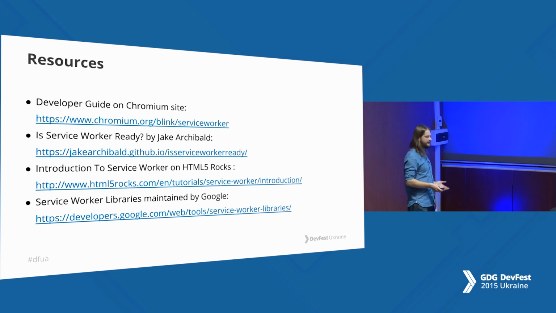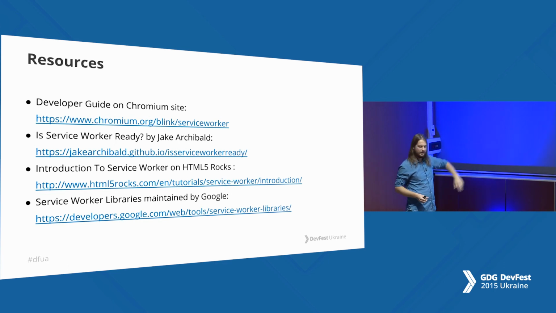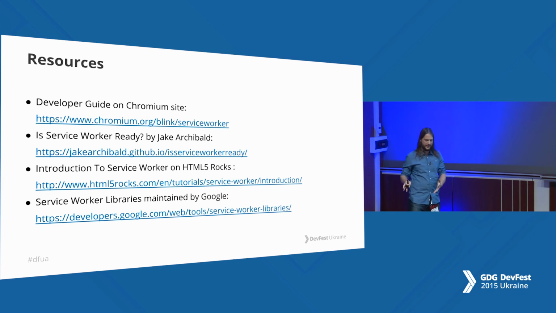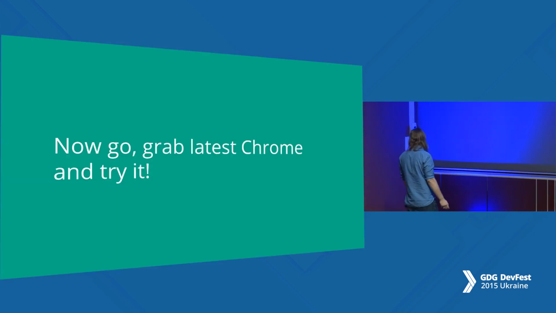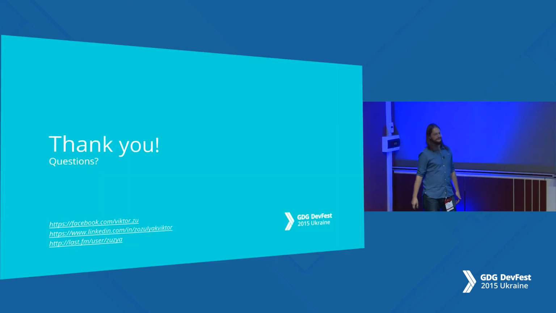Yeah, there are already some libraries, so you don't need to write all these big parts of code that you've seen, because you can already use libraries to optimize your code writing. And now go grab the latest Chrome and try it. And that's it. Thank you.